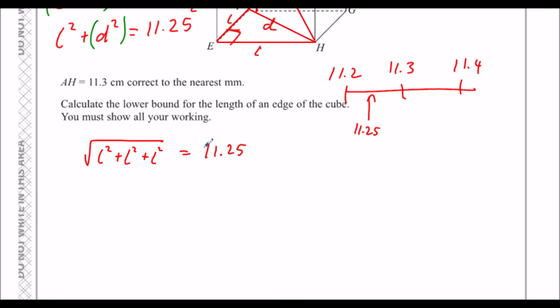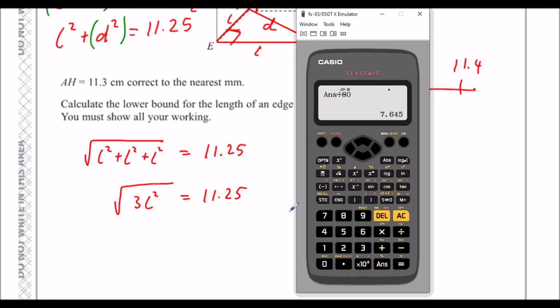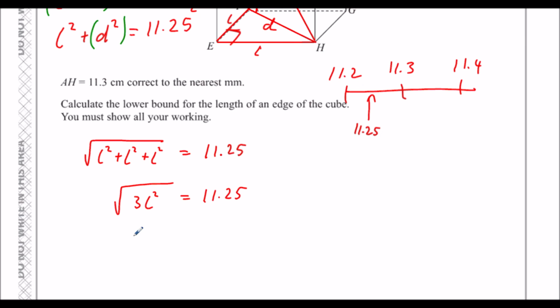So we want to know what L is. So we've got 3L squared equals 11.25. So we square both sides. We didn't really need to square root. 11.25 squared is 2025 over 16.